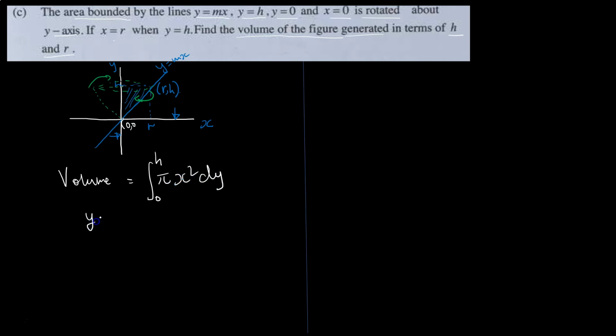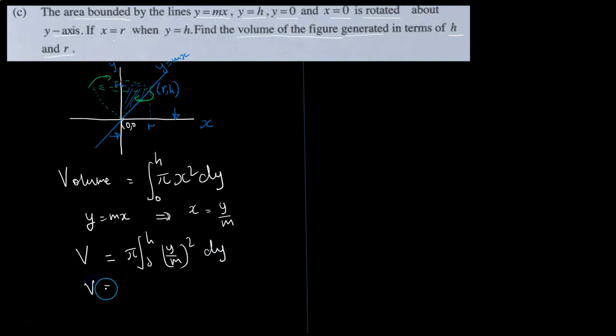Well, we know y is equal to mx, that's from the information that we have, and therefore x is equal to y over m. So now let us substitute x into our integration. So y equals 0 to h. Pi is a constant, it can come outside, so instead of x we now write y over m, but it needs to be squared, dy.